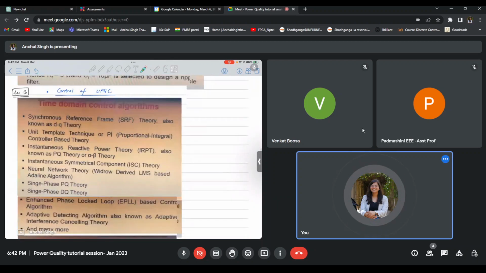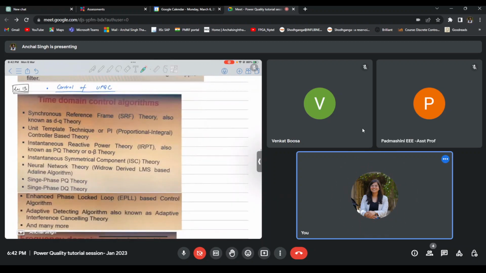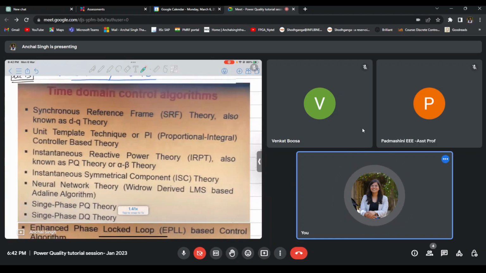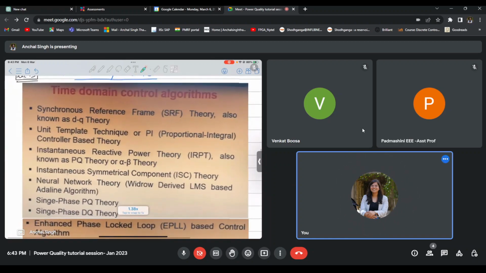Now let us look at the control of UPQC. As we discussed before, there are a lot of methods involved for controlling the UPQC. The methods are divided into two broad categories. One is time domain control algorithms, and another one is frequency domain control algorithms.